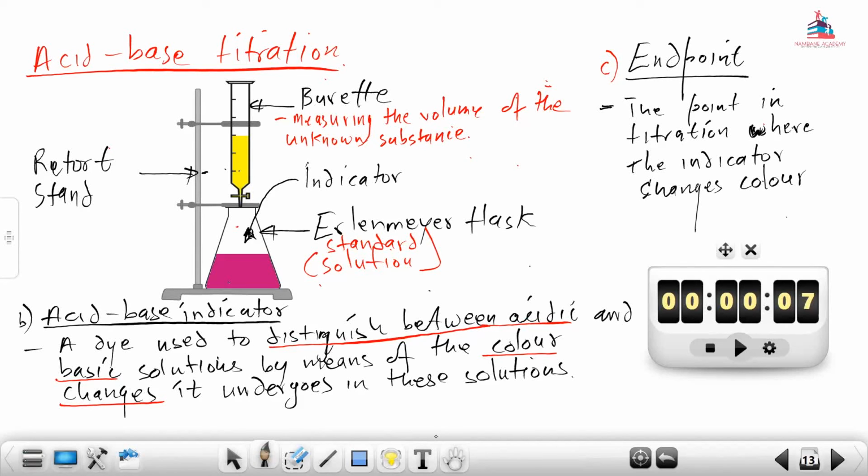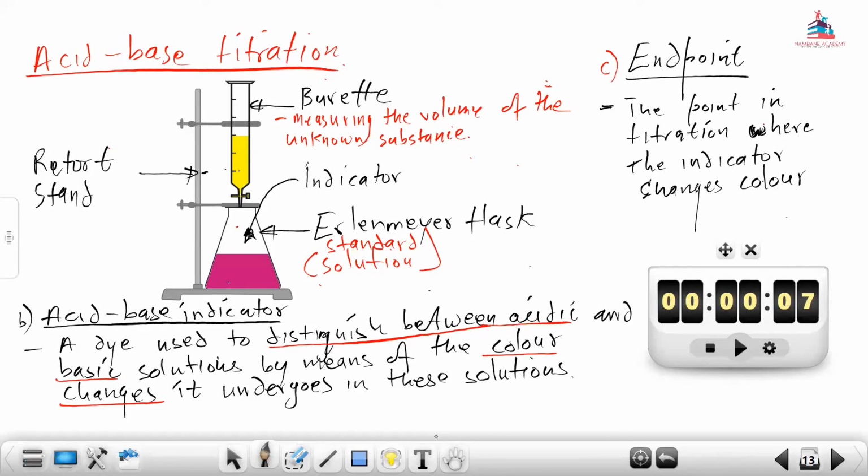Okay. Now, while you are still on the platform, remember we have two solutions here. Solution number one is the unknown solution that is in the burette. The second solution now is the standard solution.